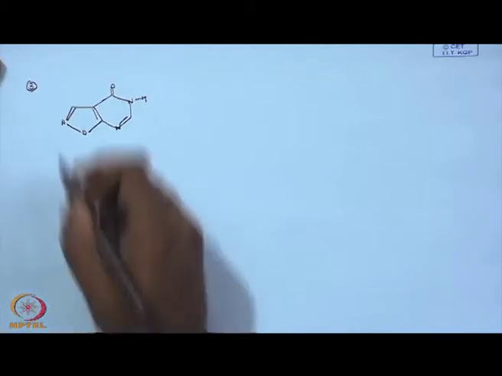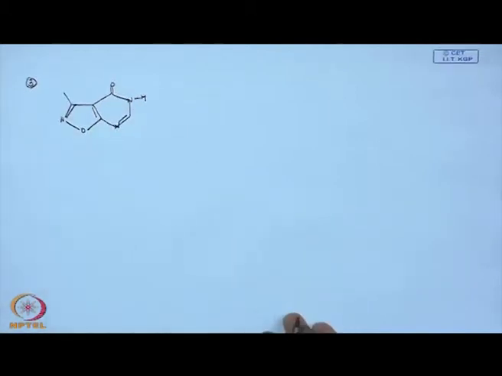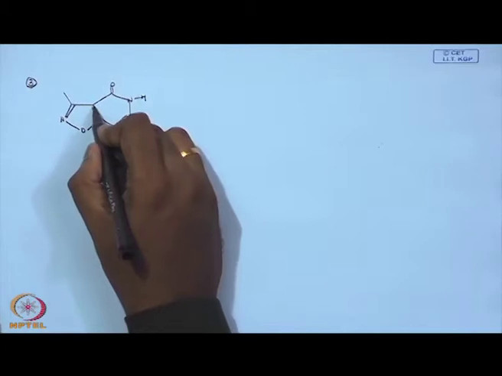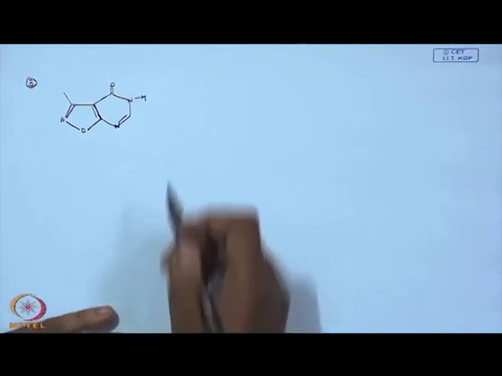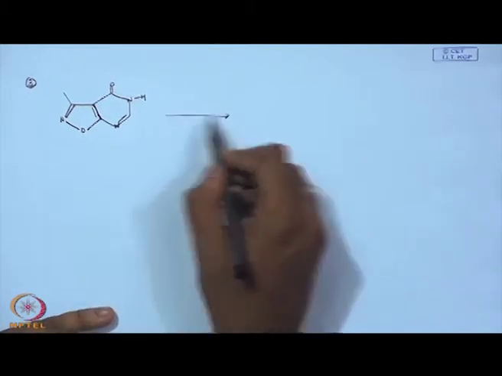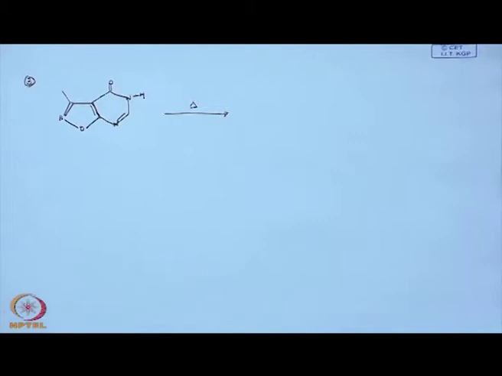Taking a system like this. Okay, a 6-member ring. Now I am saying that I am taking this starting material and I am heating it. Now tell me what comes to your mind immediately.